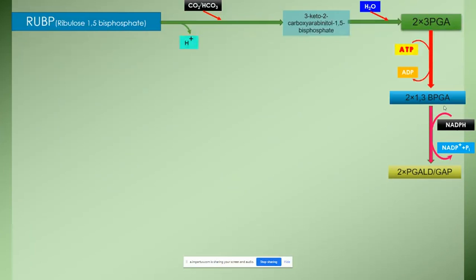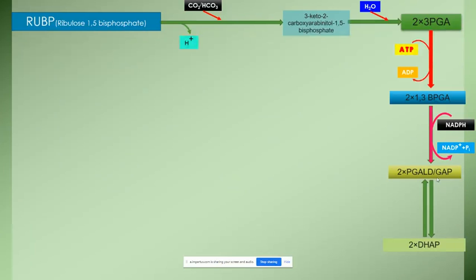So in this, what will happen? That acid becomes aldehyde. The phosphoglyceric acid is converted to phosphoglyceraldehyde, and this is the reduction stage.